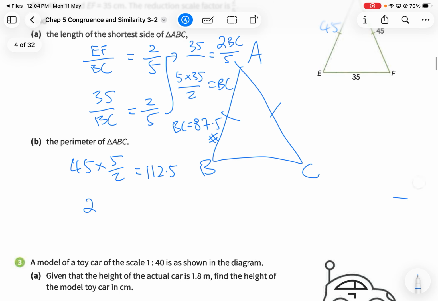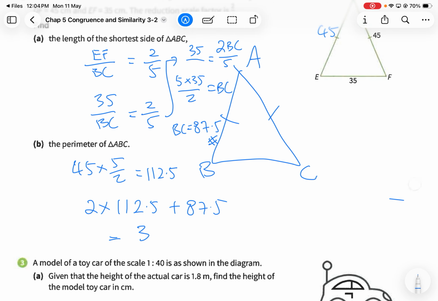Then the perimeter is equal to... Okay, we stop here. Continue next lesson.